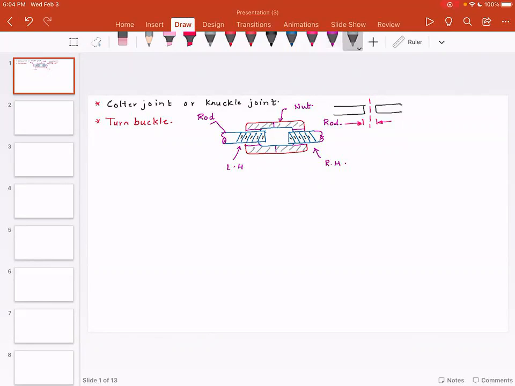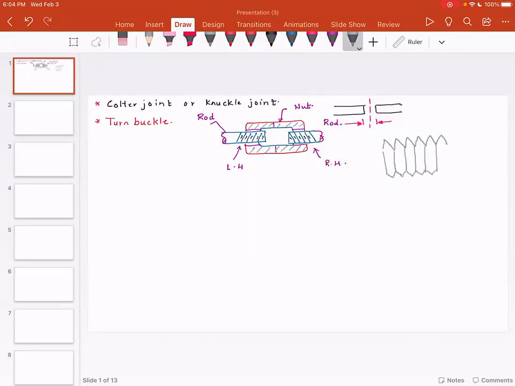Now I just want to show you sort of a magnified view of the screw. So there are different types of threads. You could have a V thread, you could have a square thread, you could have sort of an acme thread, but just for the sake of discussion, for simplicity, I'm gonna show you a very simple thread pattern.